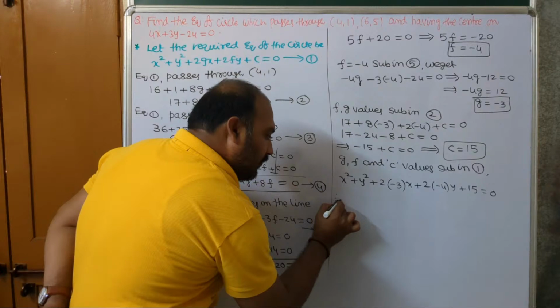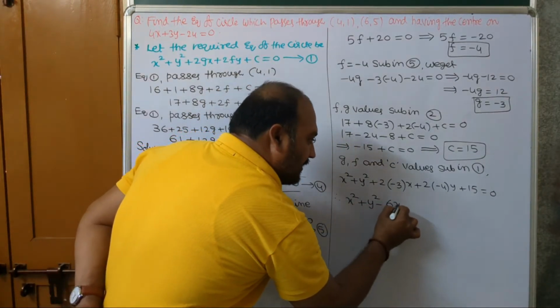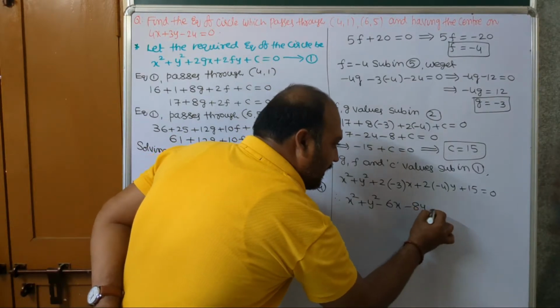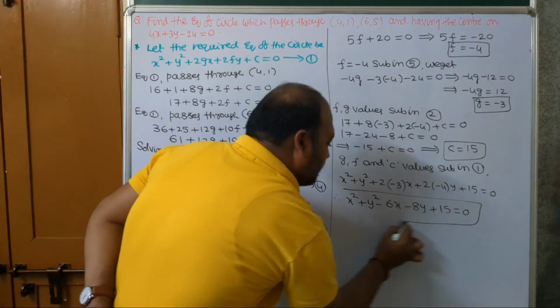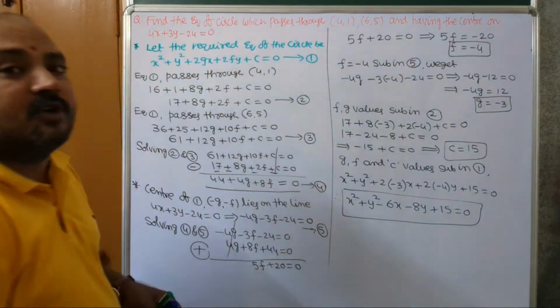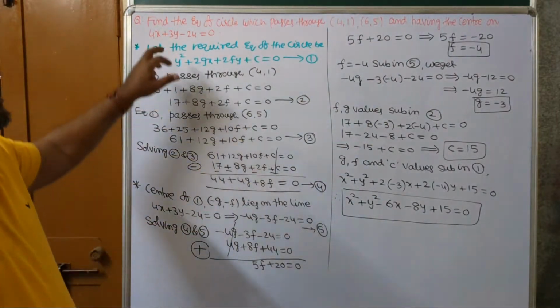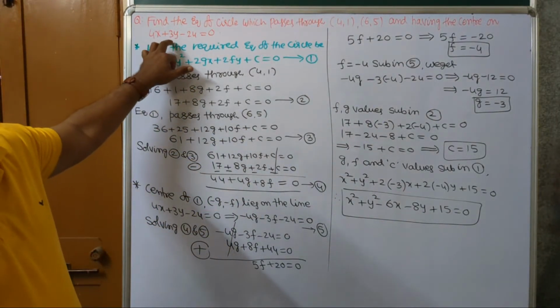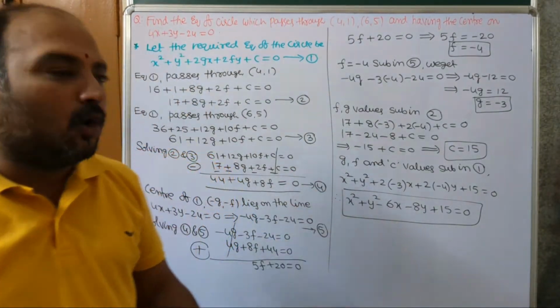So therefore, x square plus y square minus 6x minus 8y plus 15 equal to 0, which is the required equation of the circle passing through these 2 points and whose center lies on the line 4x plus 3y minus 24 equal to 0. I hope you understand.